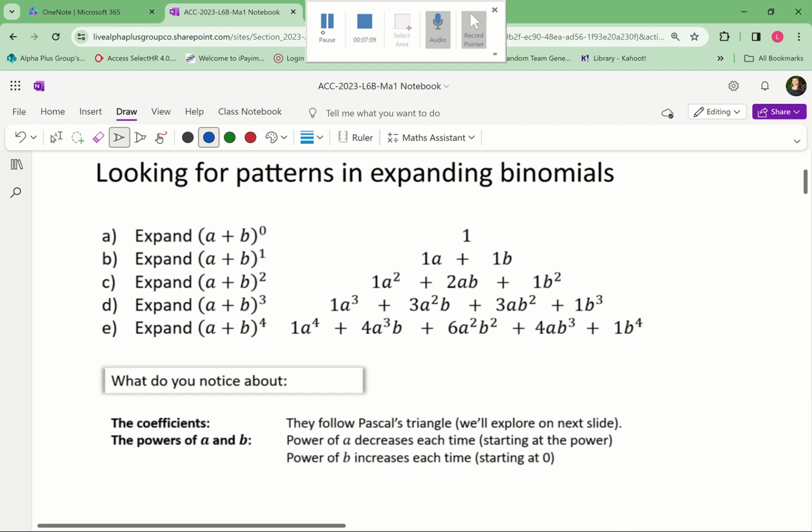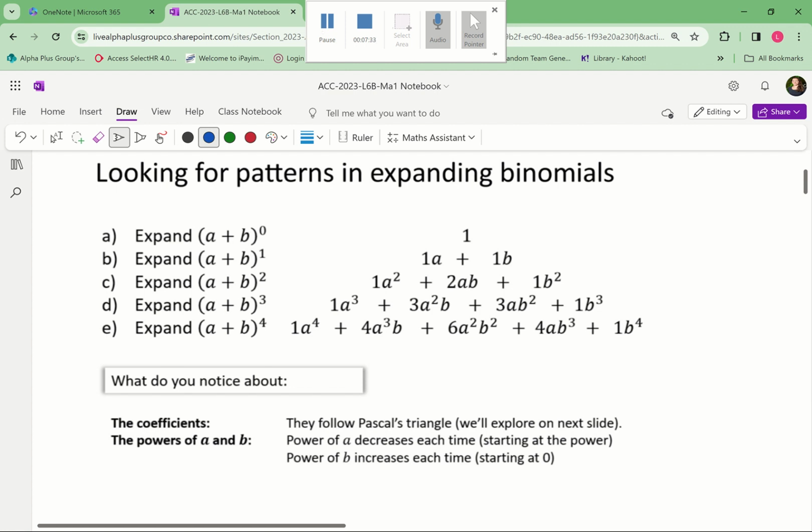But you'll notice that if I expand a plus b raised to the power of 0, I just get 1. If I expand it to the power of 1, I just get a plus b. I've written the 1s in there because the 1s are in Pascal's triangle, so it's really just to show you the pattern.